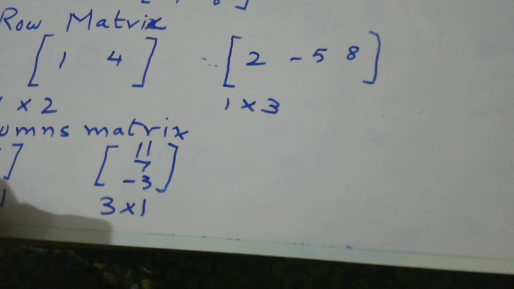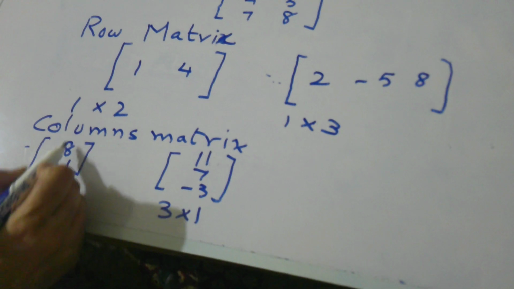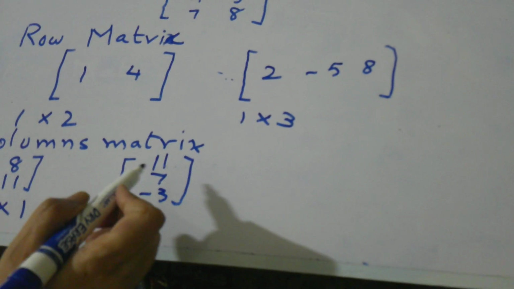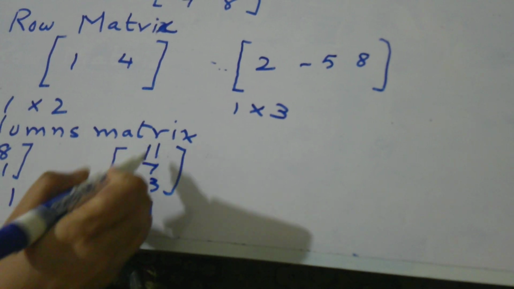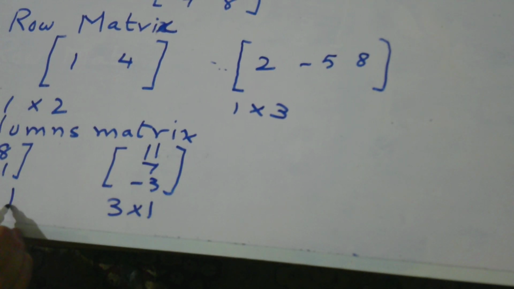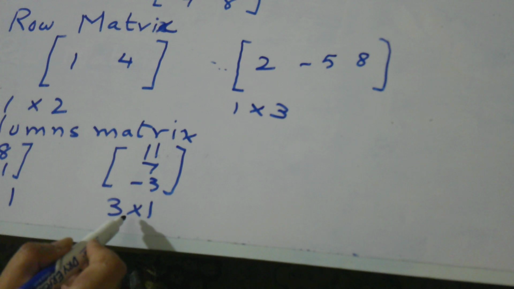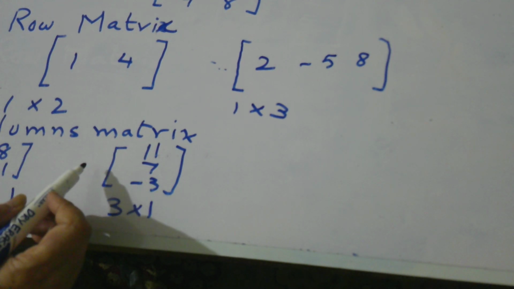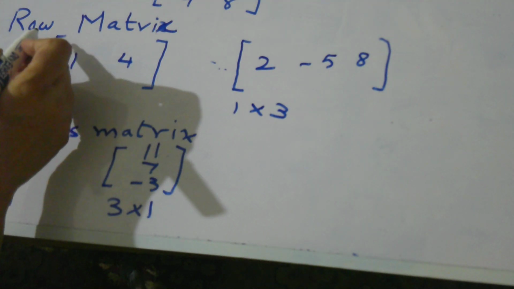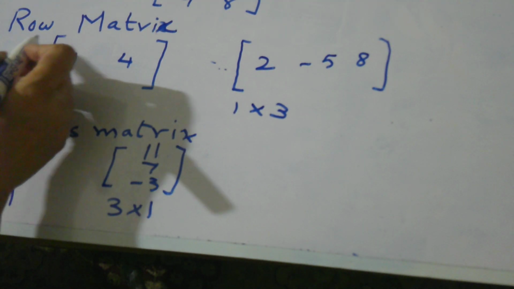Here is 2 rows and 1 column. Here is 3 rows and 1 column. The orders are 2 multiplied by 1 and 3 multiplied by 1. These are called column matrices and these are called row matrices.